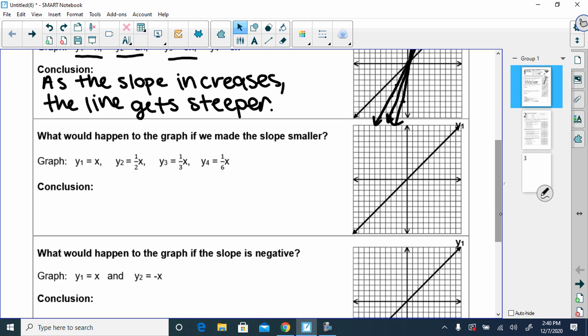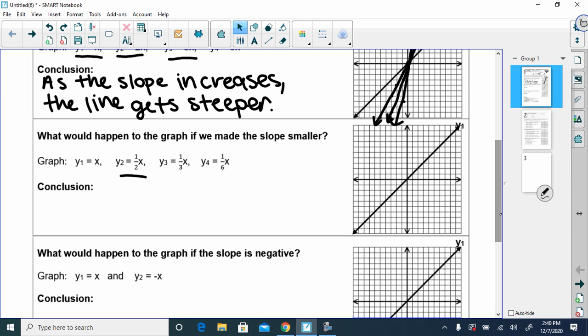What's going to happen if our slope's getting smaller, we probably have a decent idea, because it's probably going to be the opposite, right? But we're going to go ahead and graph these so that we have a proof for it. They already graphed y1, so we're going to start by graphing y2.